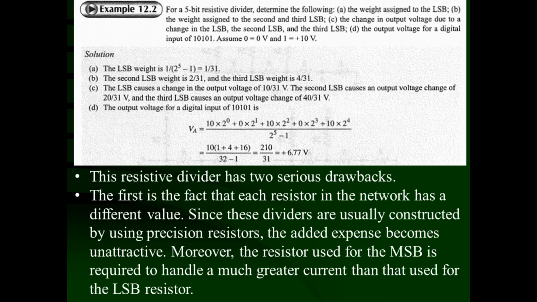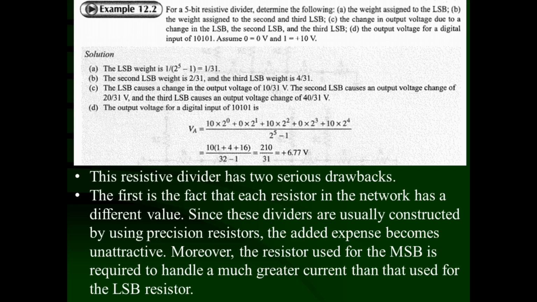We have seen that the value of the resistor of LSB is going to be R0. Then the next one is R1, equal to R0 by 2, so the resistance becomes half. And each bit's resistance is going to change to half of the previous resistance. So R0 by 2, R0 by 4, R0 by 8, R0 by 16, that way.